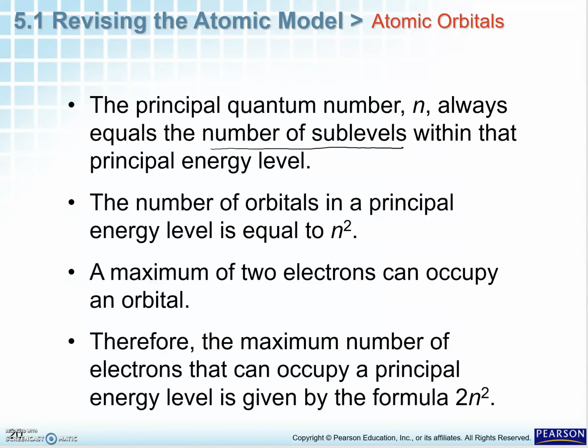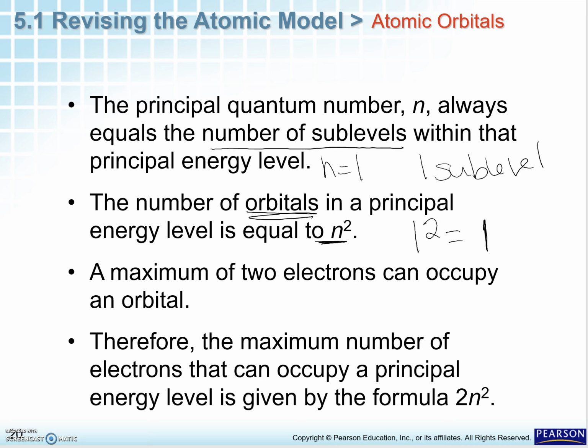So remember, our n equals 1 has 1 sublevel. The number of orbitals in a principal energy level equals n squared. So if you were to look back at our n equals 1 with 1 sublevel, it would be 1 squared, which equals 1.